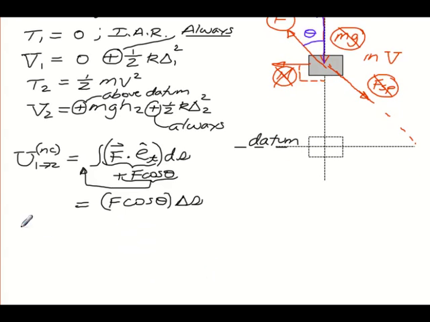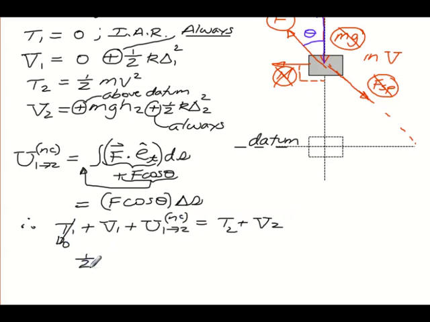Therefore, our work energy equation: T1 plus V1 plus the work is equal to T2 plus V2. Starts out from rest. V1 just was 1/2 K delta 1 squared. The work term, F times cosine theta, that's a constant.